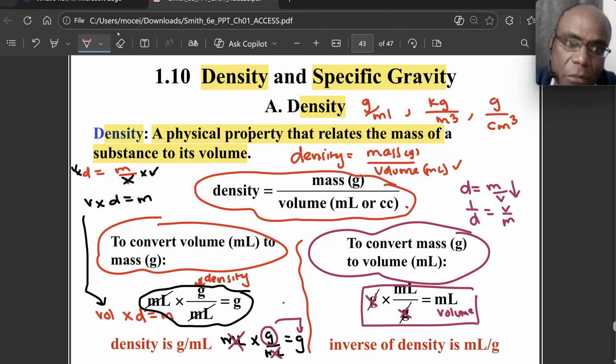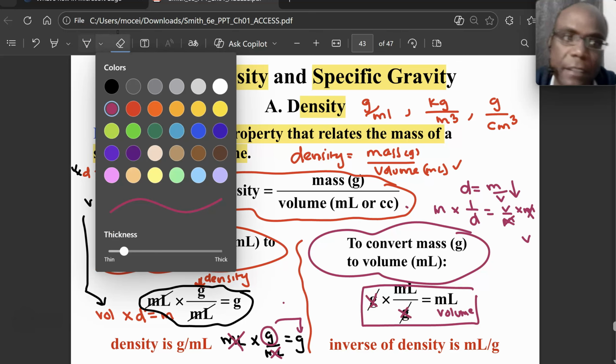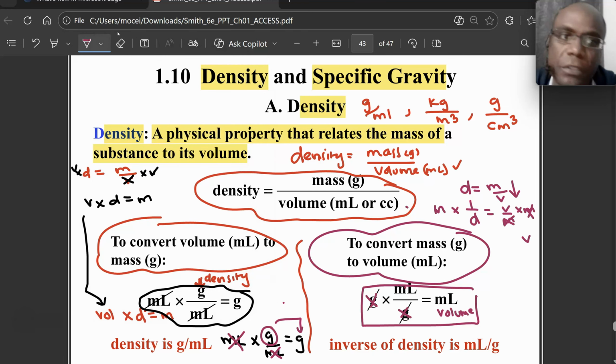Then you can multiply both sides by m, so that the m will cancel on the other side. All you're left with is v, right? On the left side will be m times 1 over d. Now, what is 1 over d? It is the inverse of the formula of density.